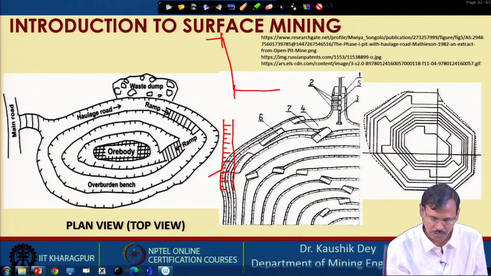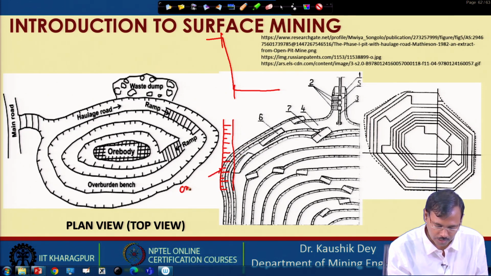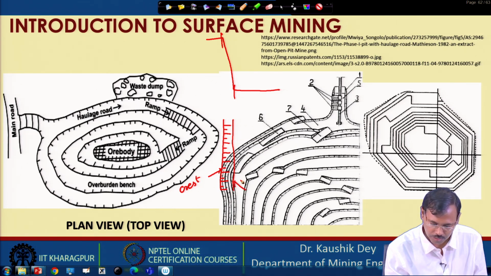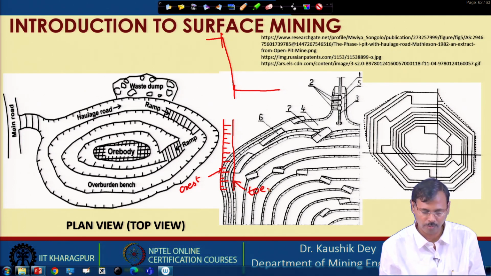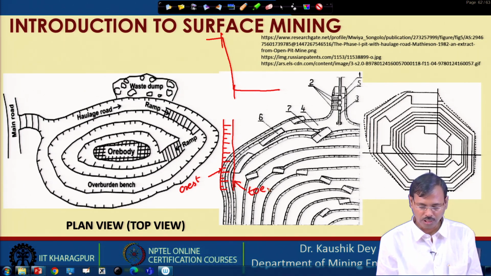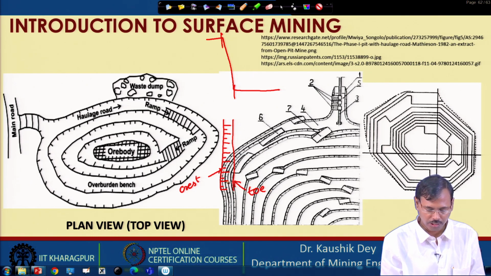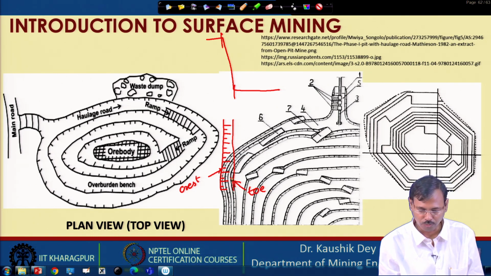So, this is crest line and this is toe line. Okay. So, now you can see, you understand in a plan the way it is showing.